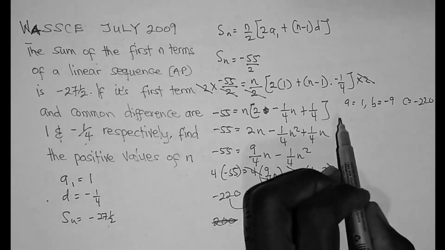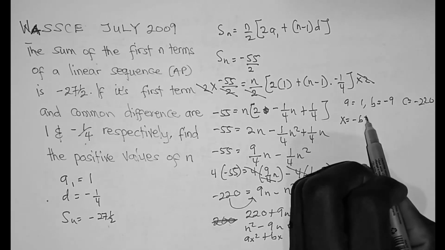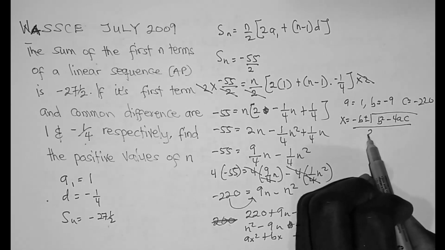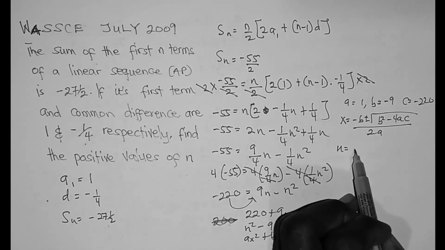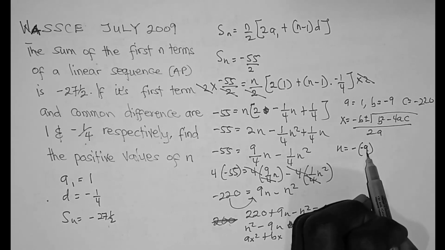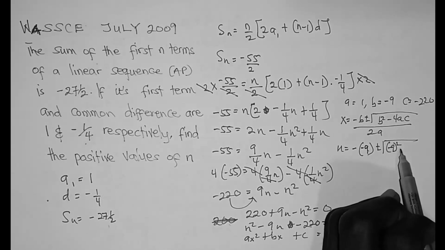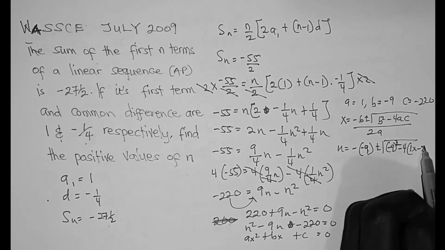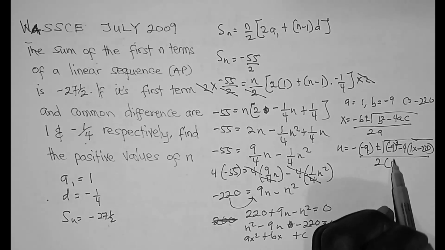So based on the quadratic formula, which says that x is equal to minus b plus or minus square root of b squared minus 4ac divided by 2a, you can say therefore n is equal to minus b, which is minus 9, then plus or minus square root of b squared, minus 9 squared, minus 4 times a is 1 times c, minus 220, divided by 2a, 2 times a is 1.